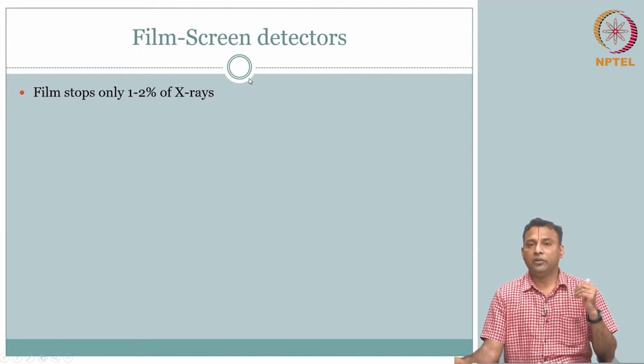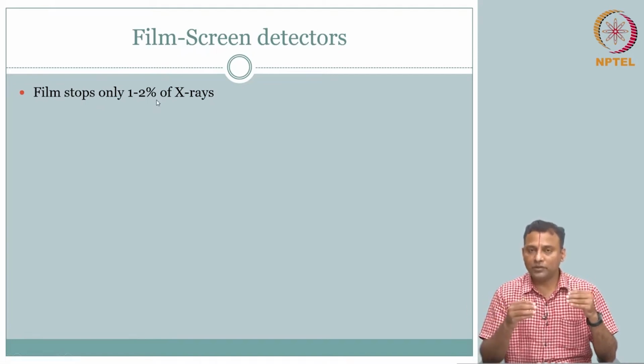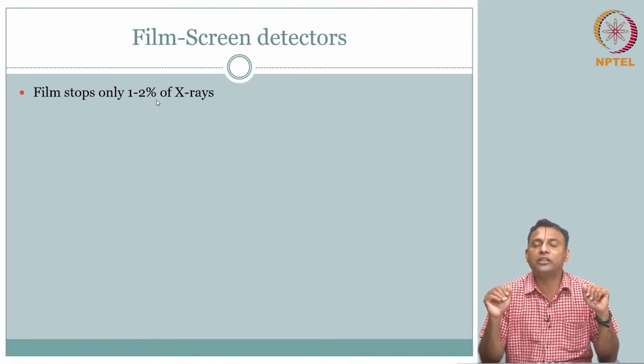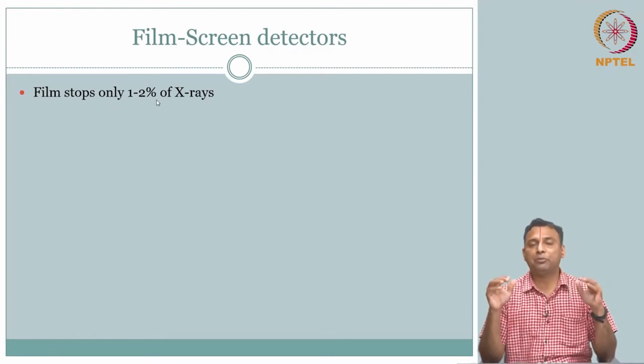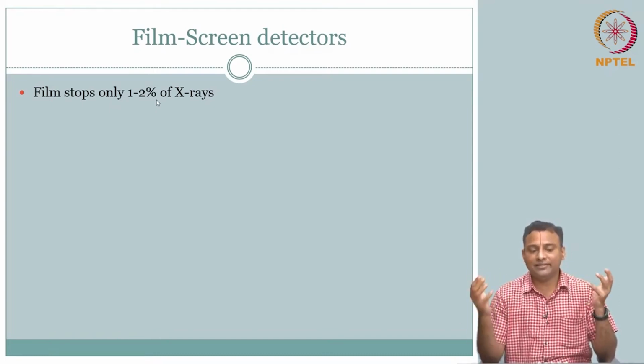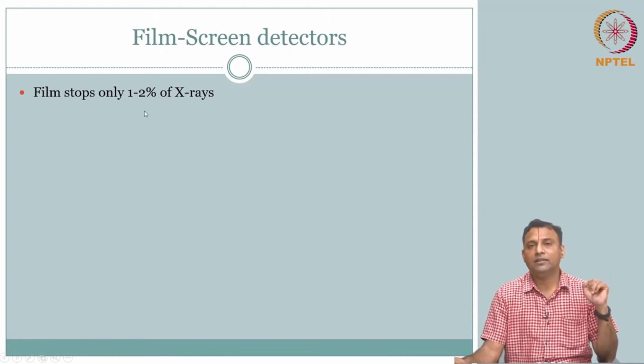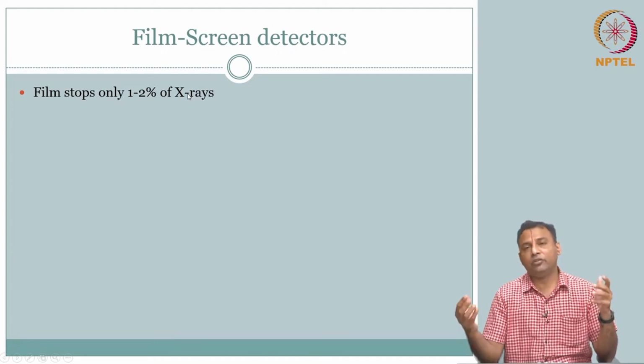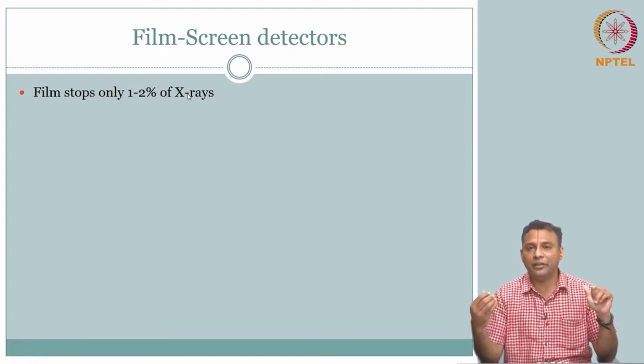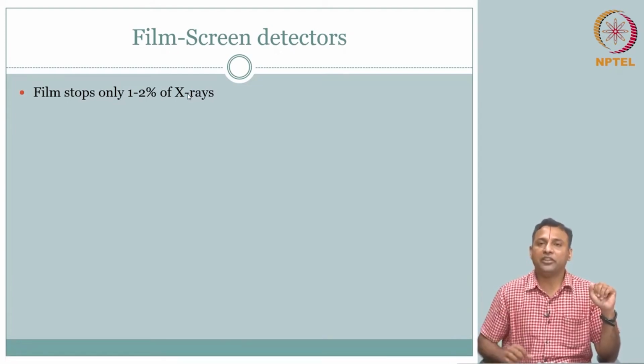When you want minimal X-ray, whatever comes out should be used effectively, to be captured effectively. Otherwise, this is not acceptable from a safety point of view. So directly taking X-rays on a photographic film seems very inefficient. What can we do to improve the efficiency?